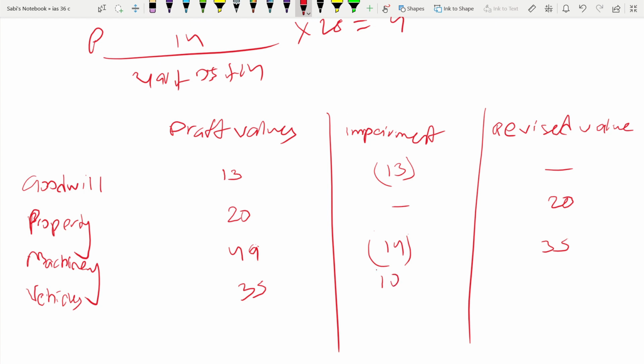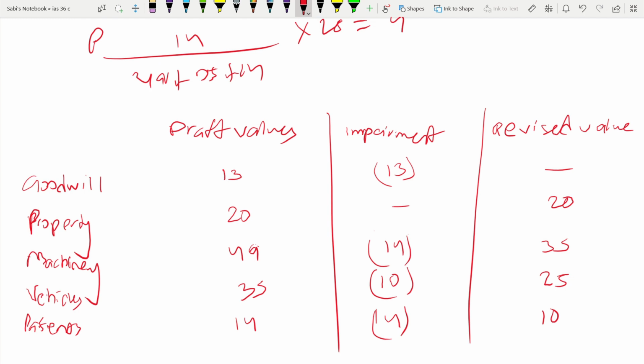We have got 10 and we are left with 25. Coming to patents, $14, deduct 4, you are left with 10.